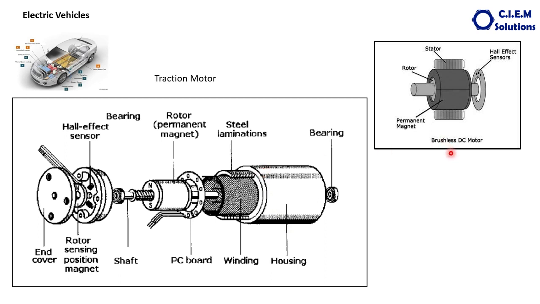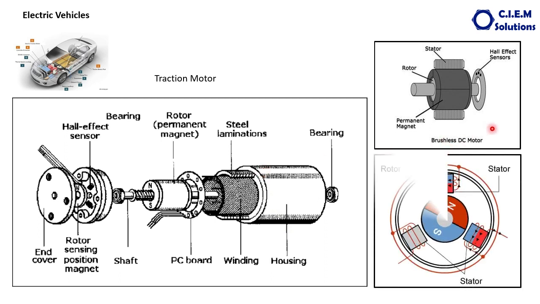How does it work? Let us see. When the electrical current passes through these coils, an electromagnetic field is created, and below there is already a permanent magnet. When the magnetic field is created, as per the principles of magnetism, the opposite poles get attracted to each other.